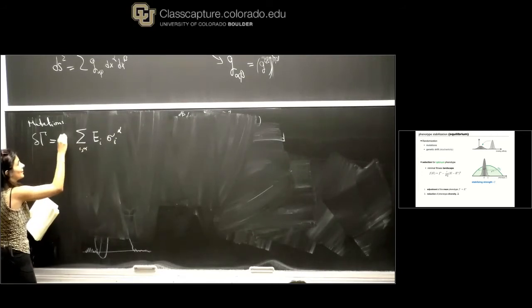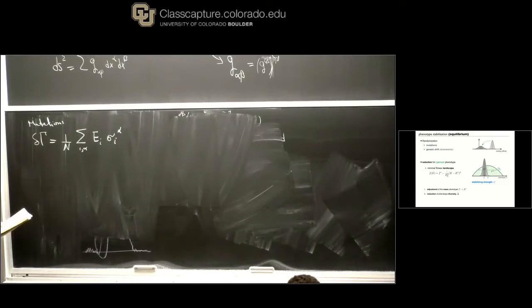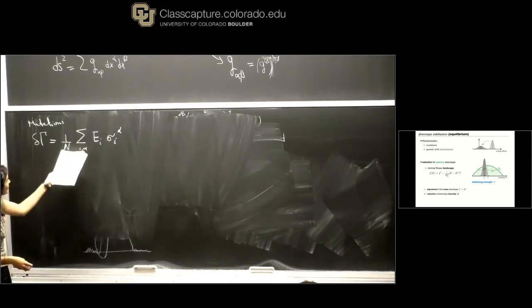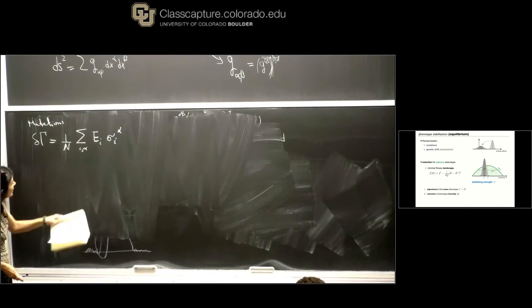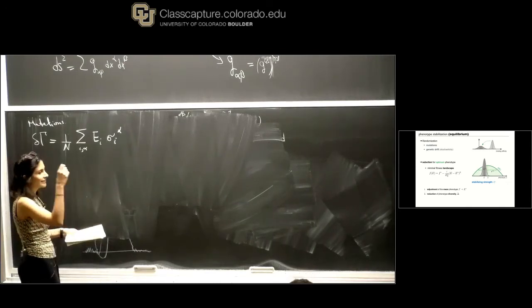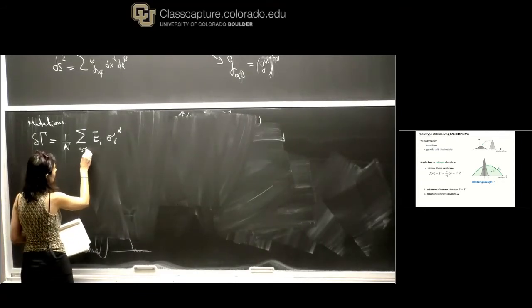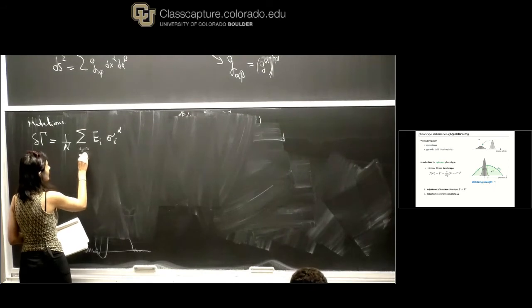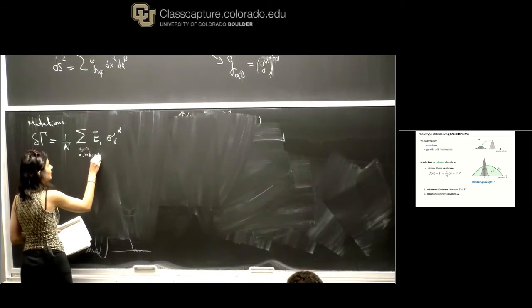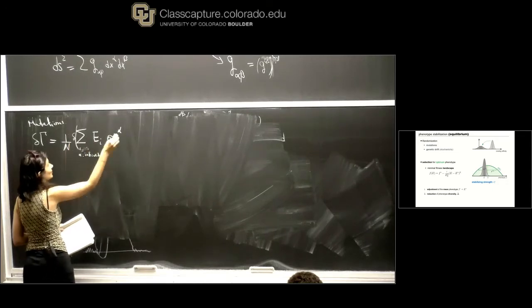I can write gamma as a sum over all individuals in my population of the average of E. So N is the number of individuals in the population. Now alpha is just basically the identity of individuals. And then you want to calculate the change in that due to mutation.